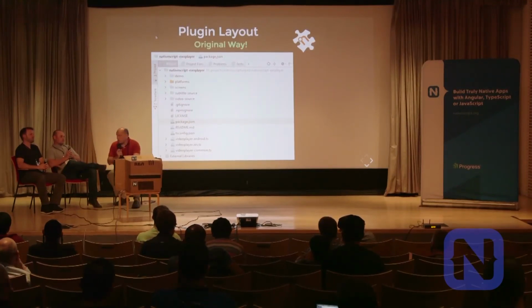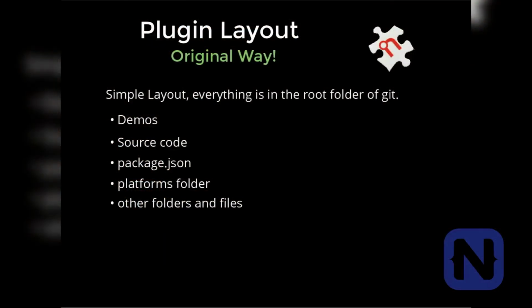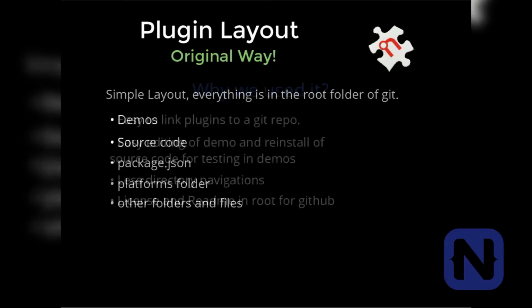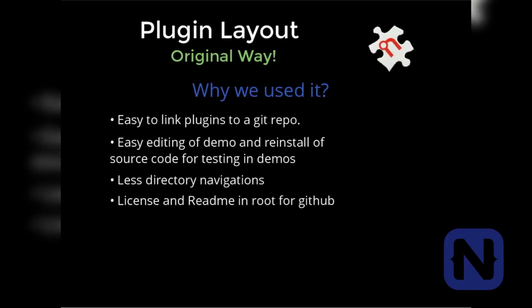This used to be the way we generated plugin folders. It's a very simple layout, very good for demos because you have your demo folder right there. Everything is self-contained. Why do we use it? Because it's very simple to link to.